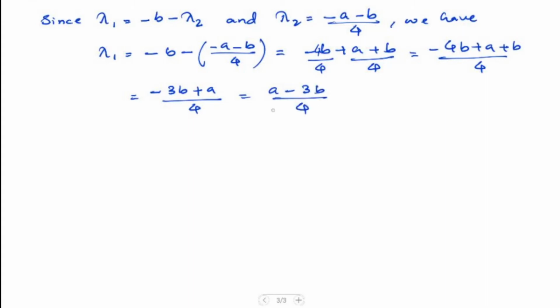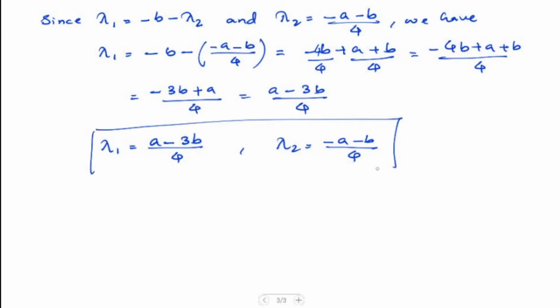Okay, so we got the final value for lambda 1. So you can say that lambda 1 is equal to a minus 3b divided by 4, and lambda 2 is equal to minus a minus b divided by 4. So now they are in terms of only a and b.